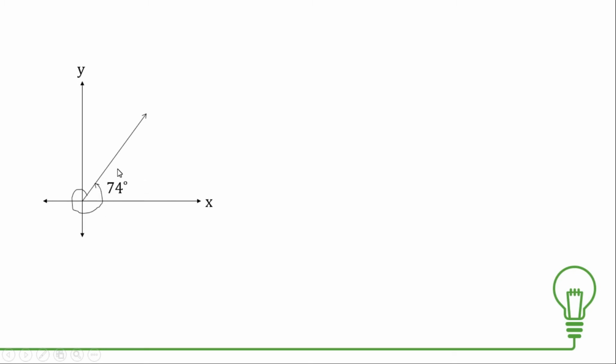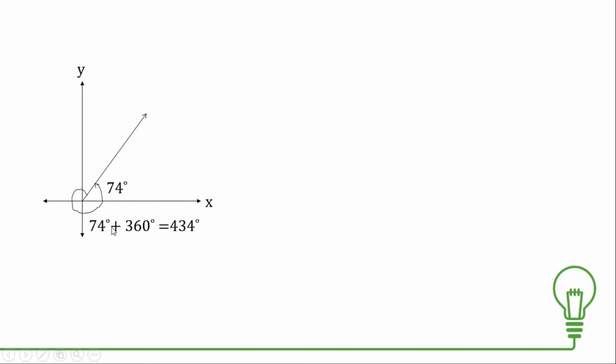So how are we going to determine the measure of the angle? Since we just rotated it once from 74 degrees, meaning we added 360 degrees to 74 degrees to determine an angle which is coterminal with 74 degrees.